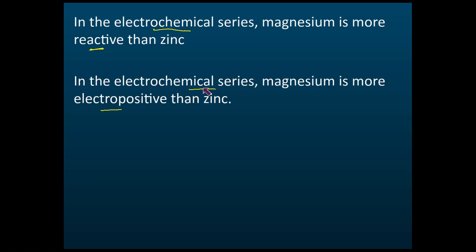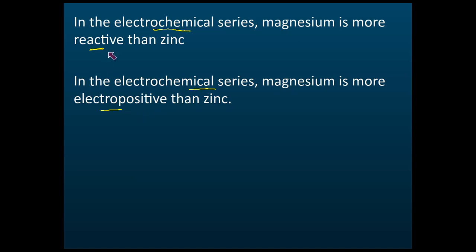Electrochemical cells compare which atoms or elements are more electropositive and which are more electronegative. So the electrochemical series compares electropositivity and electronegativity. When you use the words electrochemical series, you must say it's more electropositive. More electropositive doesn't mean it's more reactive.